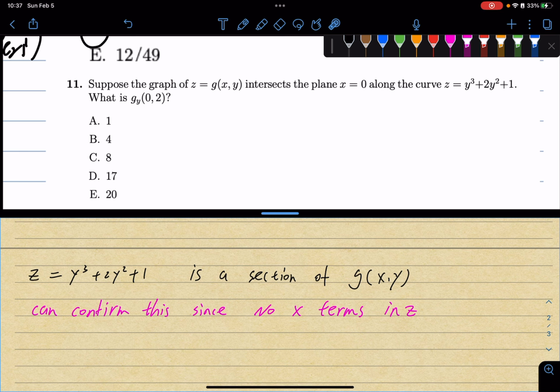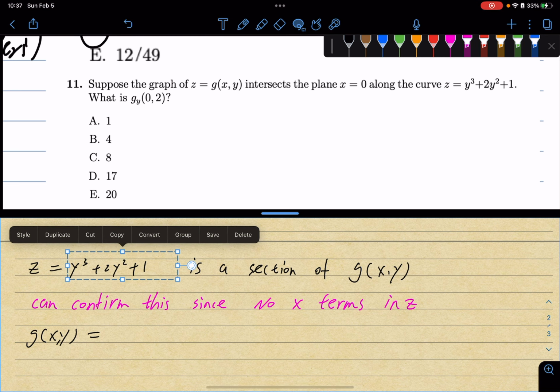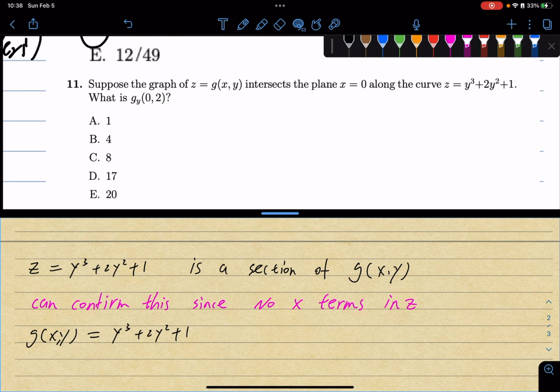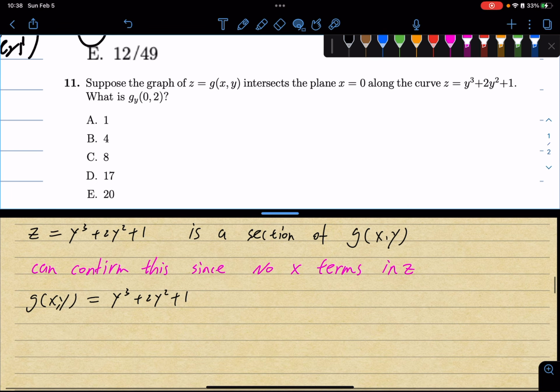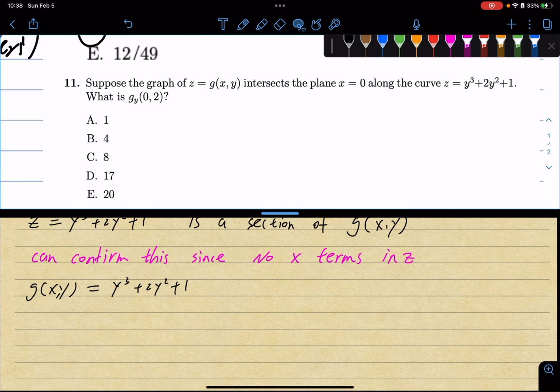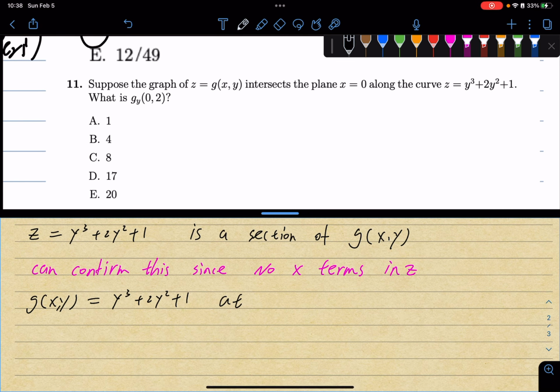So what this means is g of x, y equals the same thing as z. Even though this question has already given that z equals g of x, y, I want you to have an understanding of what this question is about before you compute the math, right? And then g equals this at x equal to 0. At this particular instance, x equals 0, this is the expression of g.